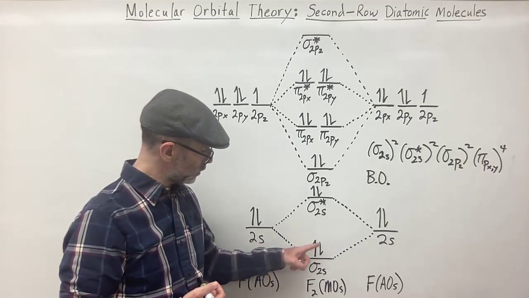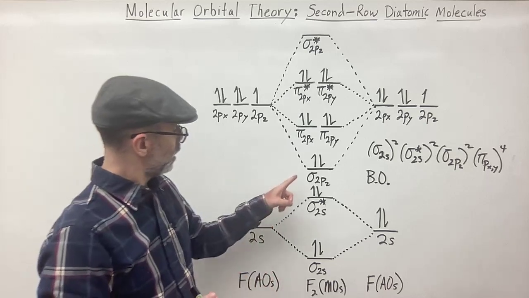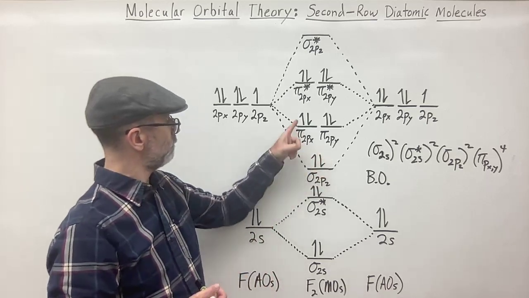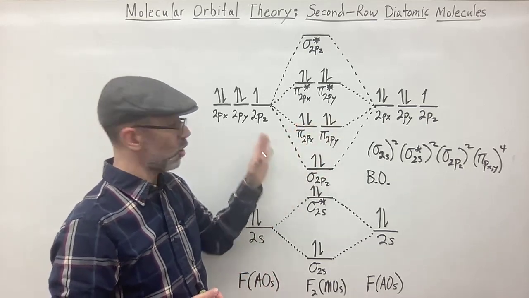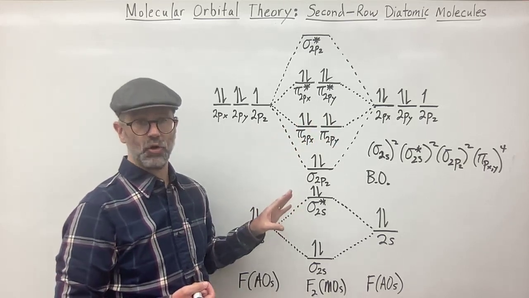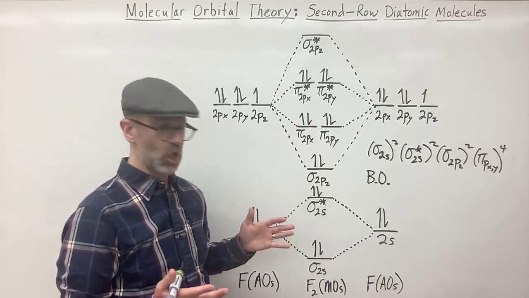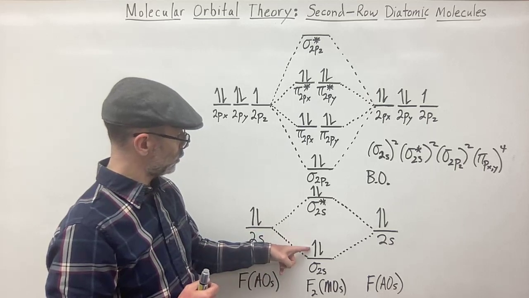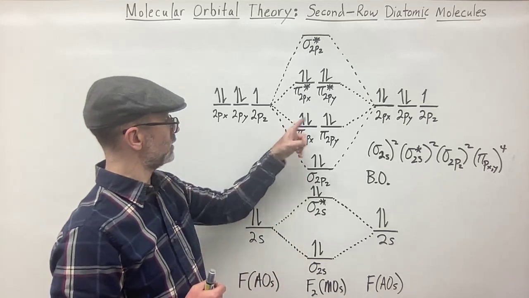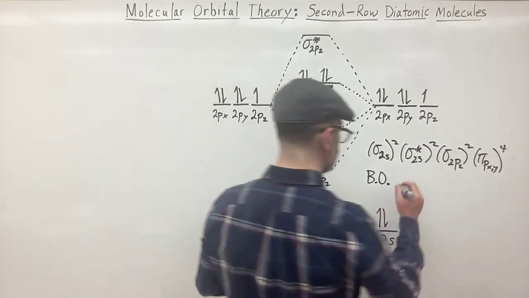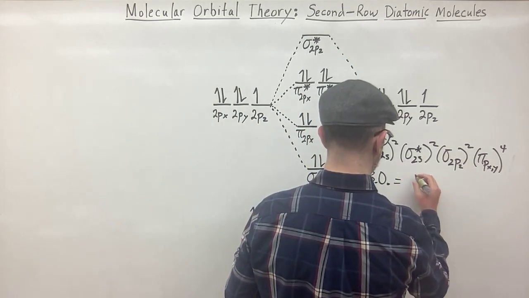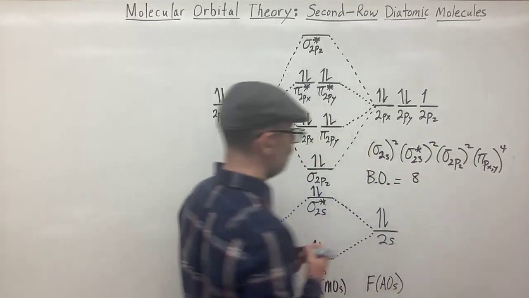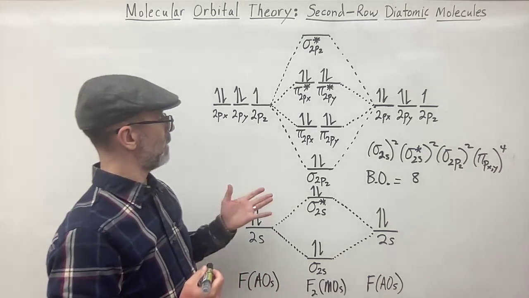So we have 1, 2, 3, 4, 5, 6, 7, 8. So the bonding molecular orbitals are those that do not have a star. So again, 1, 2, 3, 4, 5, 6, 7, 8. So that's going to be equal to 8. So we have 8 bonding electrons.